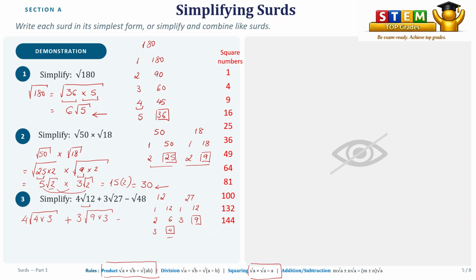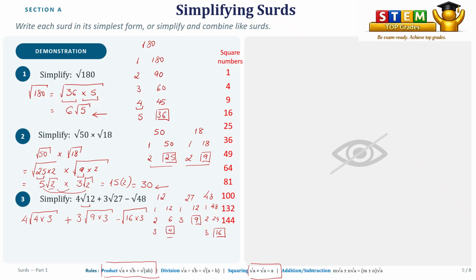So 48, I'm going to write 48 here, 1 and 48, 2 and 24, 3 and 16. And here's our biggest square number, 16. So the square root of 48 will give me square root of 16 multiplied by 3.